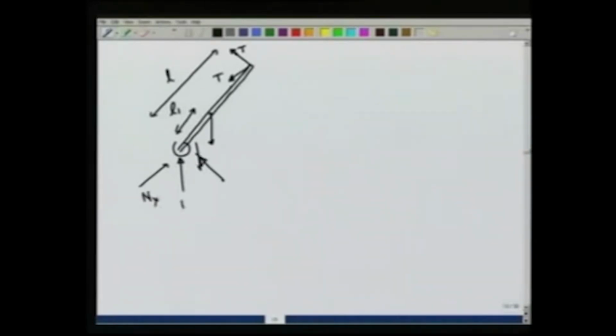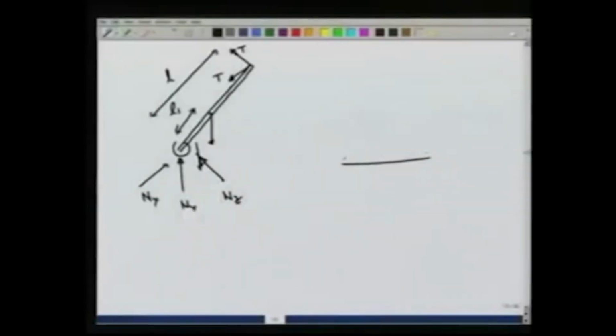Nx, Ny and Nz. So, let us first choose our axes x, y and z. We choose our axes in such a manner that the pole is in the yz plane. Let the pole be in the yz plane, making an angle theta from the y axis.